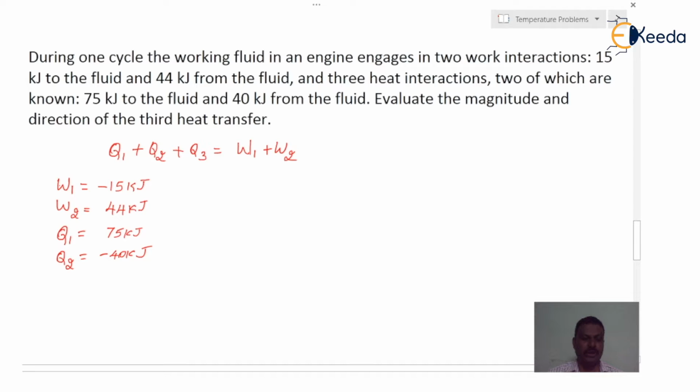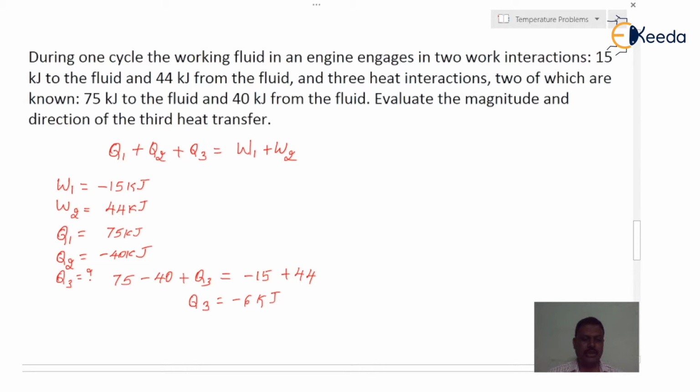So now let us substitute the values to this first law equation, so that Q1 is 75, then plus Q2 is minus 40 kilojoules, then plus Q3, it is not known, that Q3 is to be calculated, so that is equal to W1 is minus 15 kilojoules, then W2 is plus 44 kilojoules, then the value of Q3 is equal to minus 6 kilojoules.